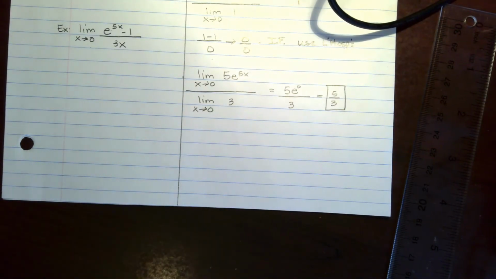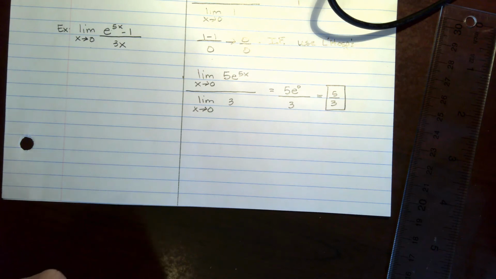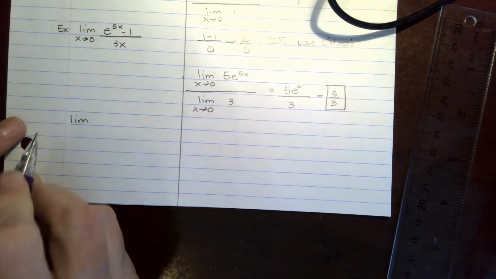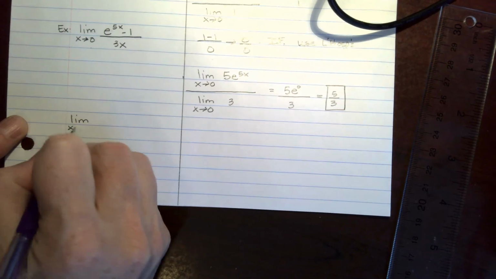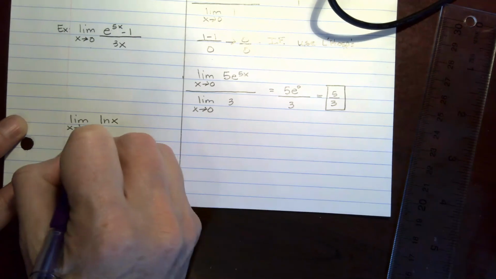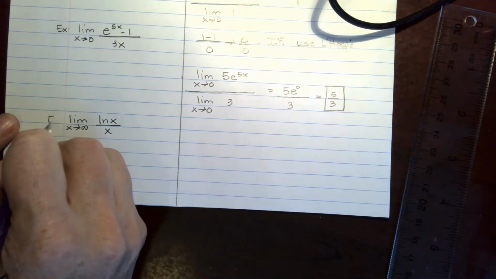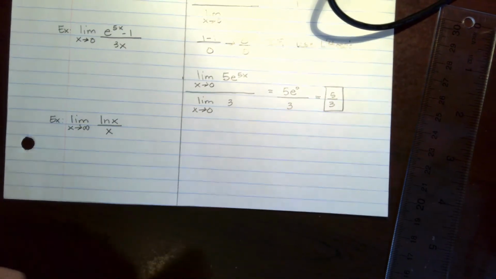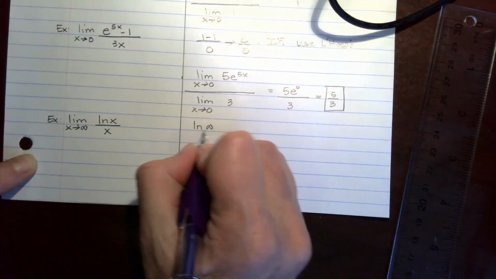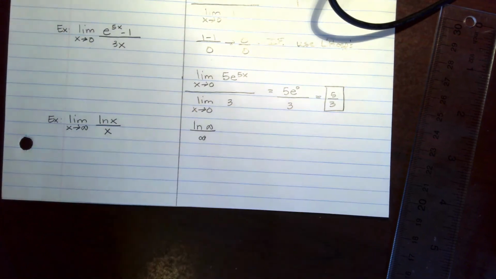Let's see if we've got some other examples. Let's say that we had something like the limit as x approaches infinity of the natural log of x over x. In this case, I'm going to get the natural log of infinity over infinity. Well, the natural log of infinity would be infinity.